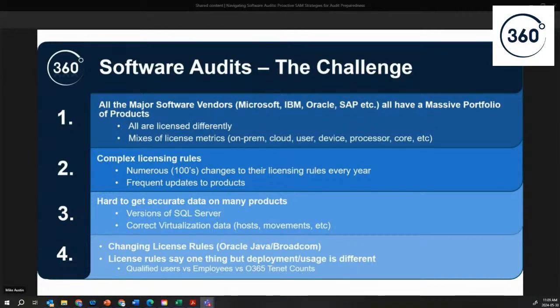Right. And then you always get into areas where licensing rules say one thing, but deployment and usage is different. The one that irks me the most in this category is Microsoft. Their enterprise agreements state that you have to have an Office 365 or M365 license for all applied users. They've got a definition of a user, which is employees and contractors, which I think is vague and a challenge right there. But then, even if you say, okay, well, we have 10,000 users, you go and you start deploying into your O365 tenant, and it doesn't work on users, it works on subscriptions.